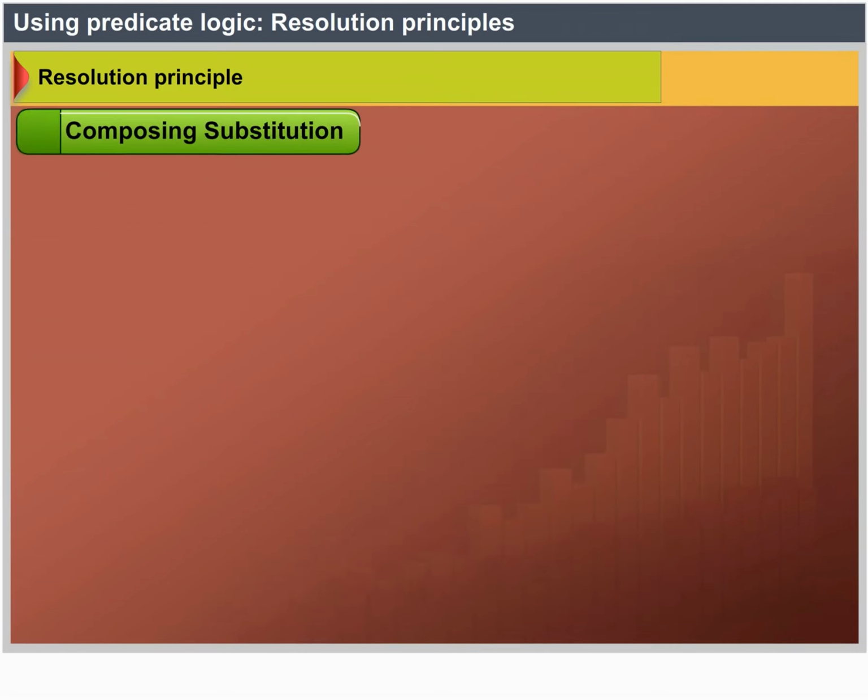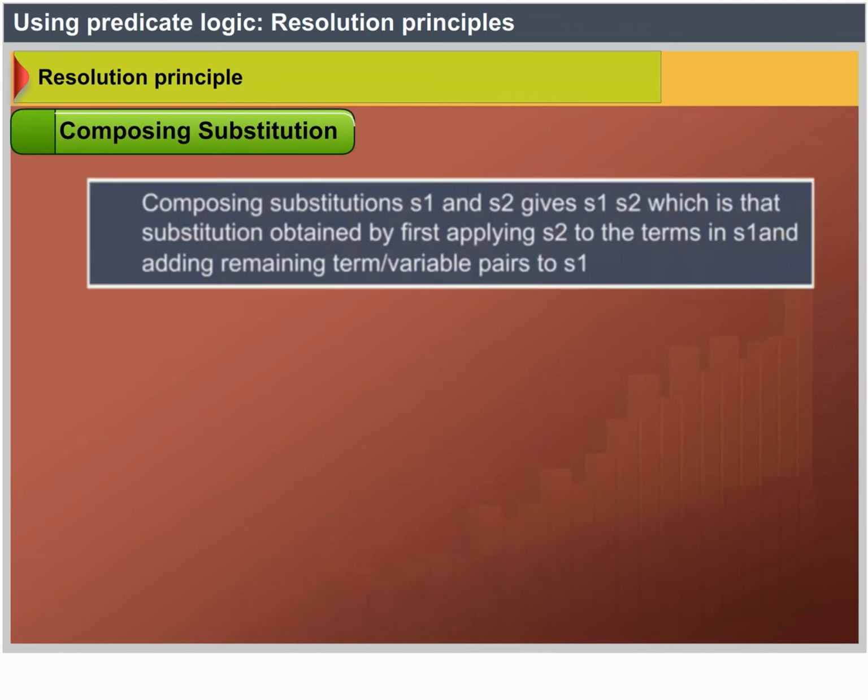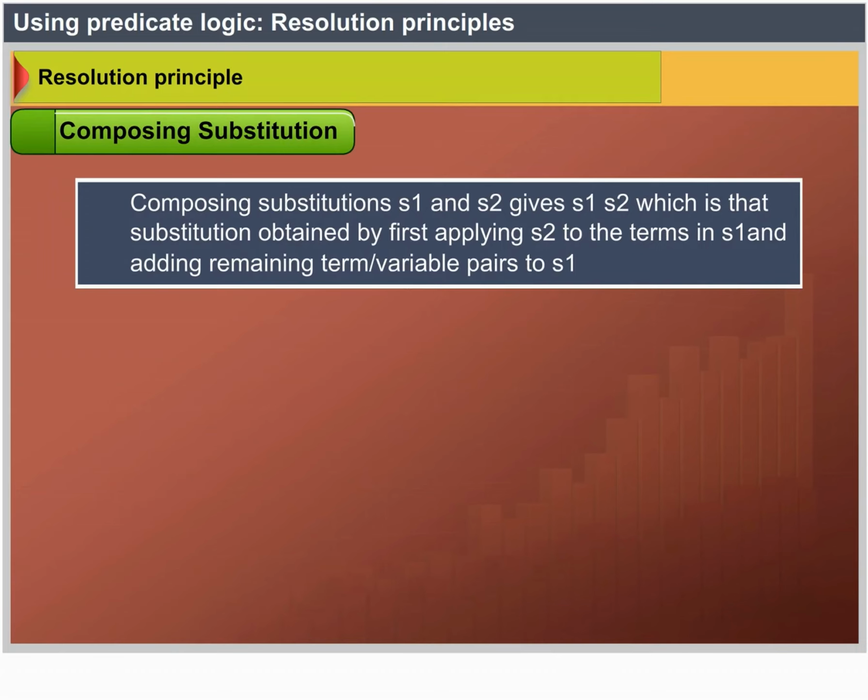Composing substitutions. Composing substitutions S1 and S2 gives S1 S2, which is the substitution obtained by first applying S2 to the terms in S1 and adding the remaining term-variable pairs of S2 to S1.